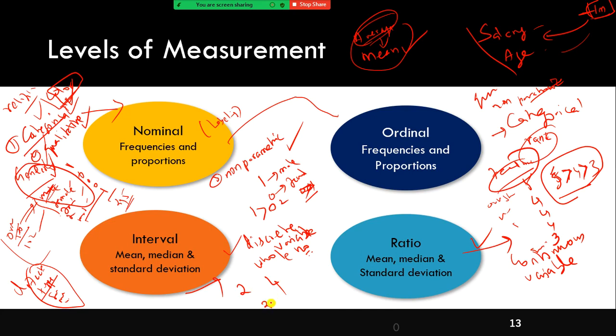It is not like 2.33 male kids, 3.99 female kids born, right? We never use these values like 3.99 in this case. Number of kids born in a labor ward is one example of a discrete variable. It is a whole number.